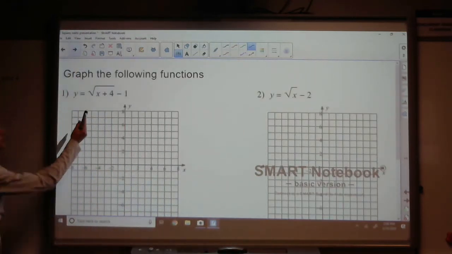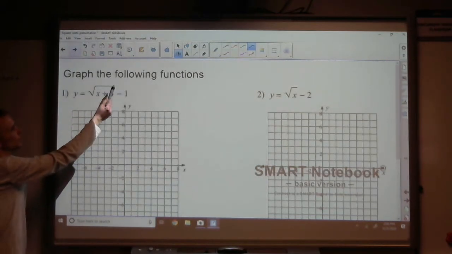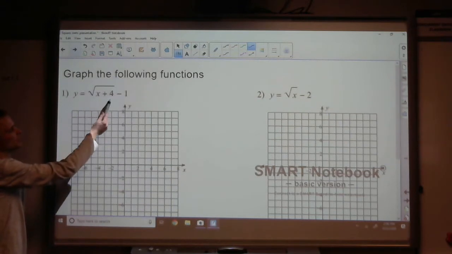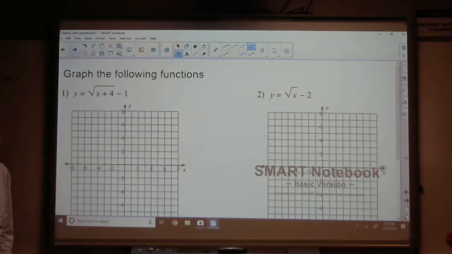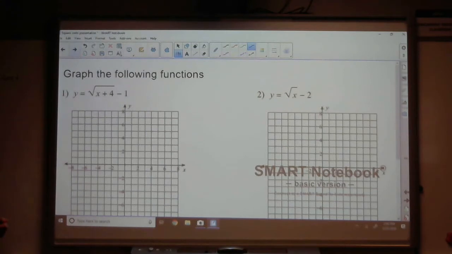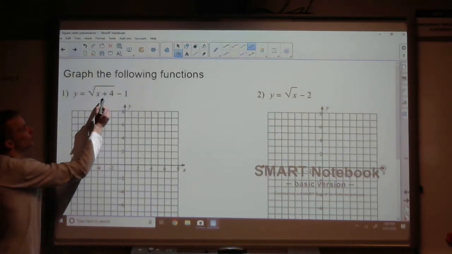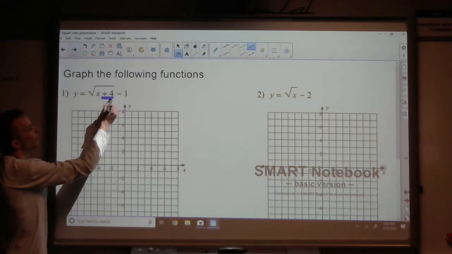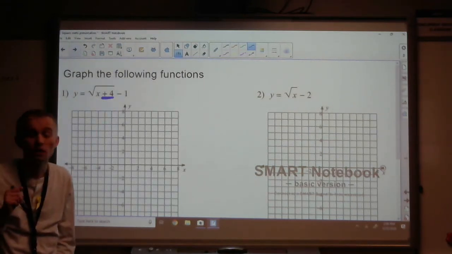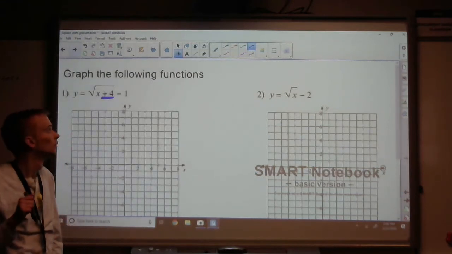So we have a square root function here. Y equals the square root of x plus 4 minus 1, okay? So we need to figure out what's happening with our transformations here to give us a new graph. First of all, this plus 4 with the x, what is that going to do to our graph?